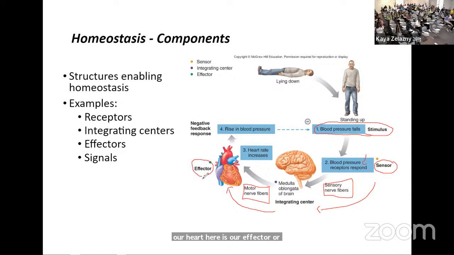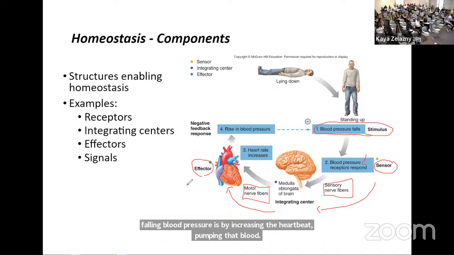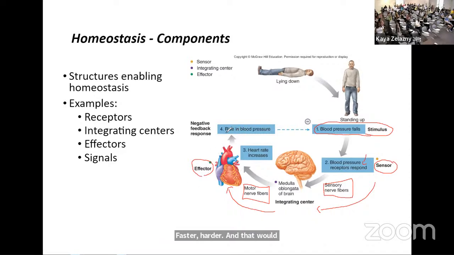One of the ways that we can improve our response to falling blood pressure is by increasing the heart rate, pumping that blood faster, harder. That would return our blood pressure back to normal. So we'd see a rise in blood pressure. So we had two opposite directions, right? The fall, we had our blood pressure going down.